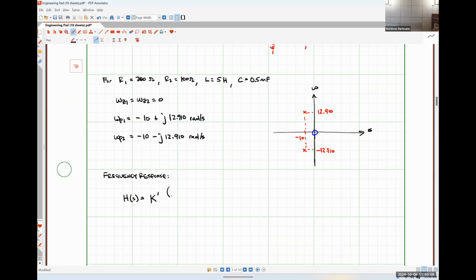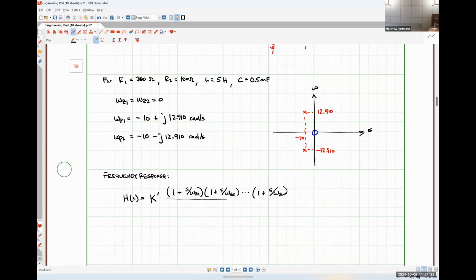But we are going to break it down such that we have 1 plus S divided by omega Z1 times 1 plus S divided by omega Z2, all the way out to 1 plus S divided by omega Z sub n, if there are n zeros.